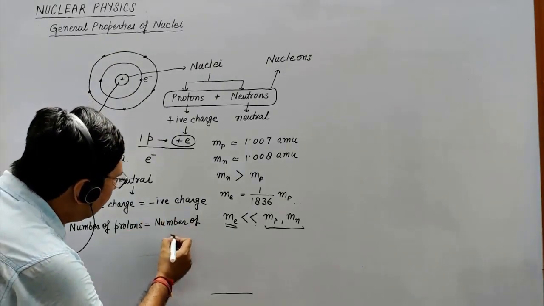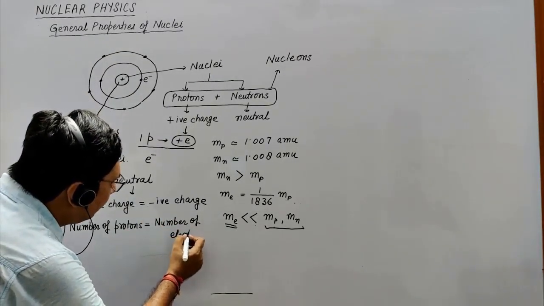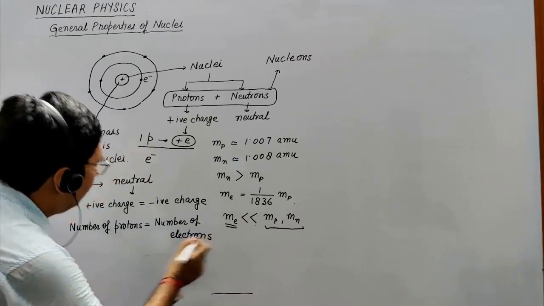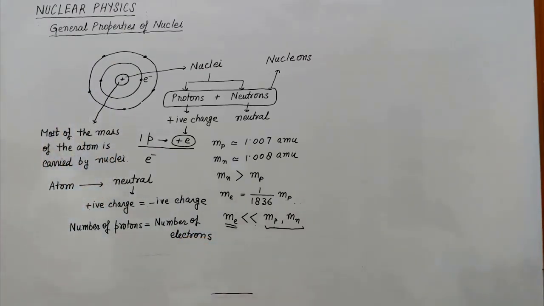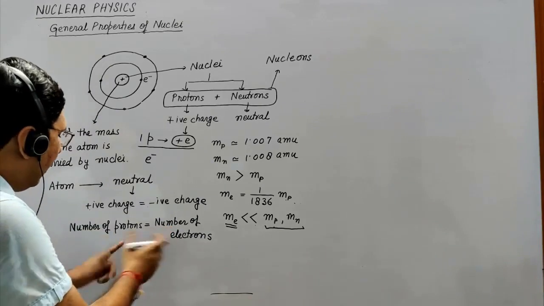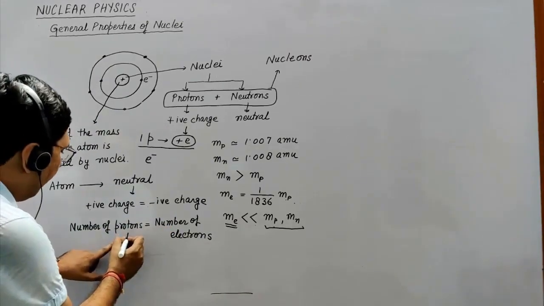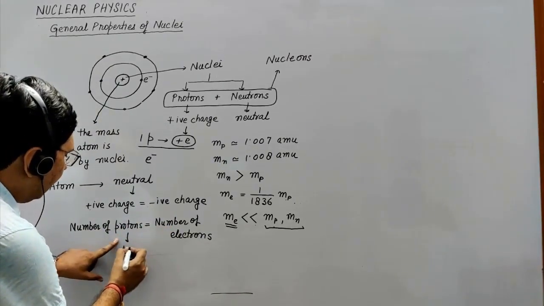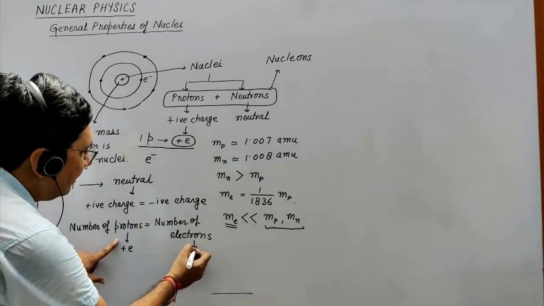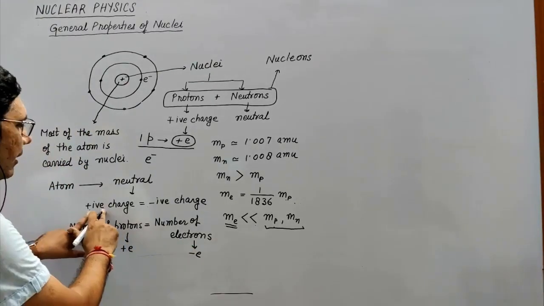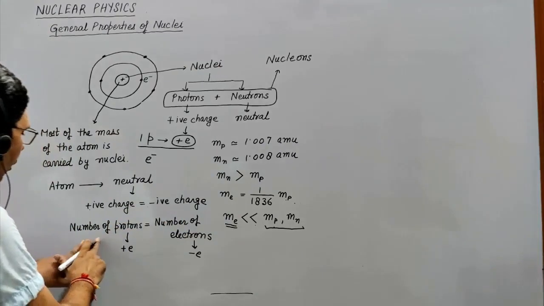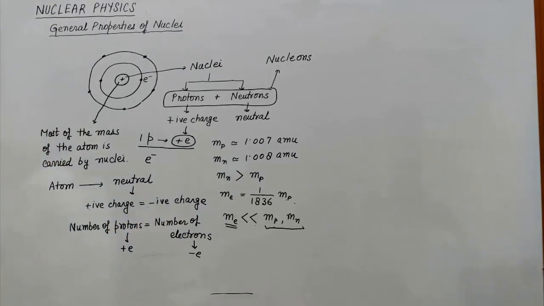This is negative charge, so this is number of electrons. So number of protons is equal to number of electrons. Why are they equal? Because this proton carries plus e charge, this is carrying minus e charge, and because positive charge is equal to negative charge, the number of protons will be exactly equal to number of electrons in a neutral atom.